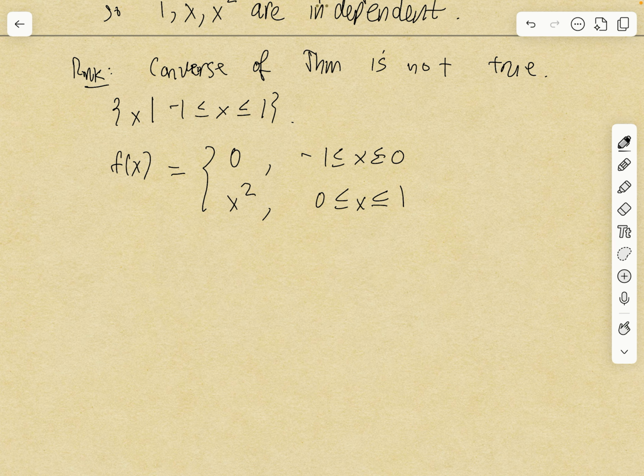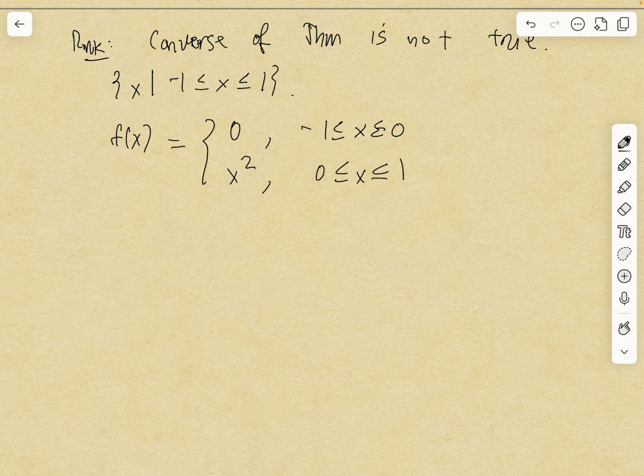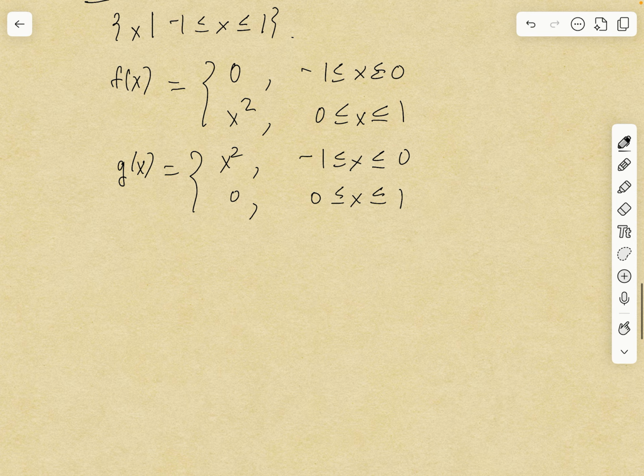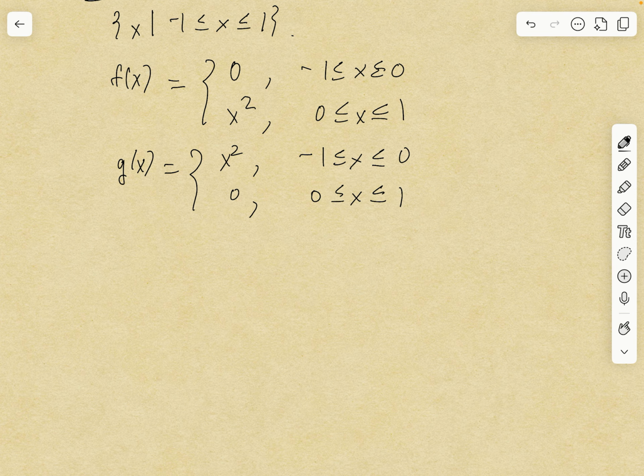This function is differentiable: to the left of 0, to the right of 0, and at 0, because the derivative of x squared is 2x, which is 0 at x equals 0. Similarly, g of x is x squared from -1 to 0, and 0 from 0 to 1. And g is differentiable in the interval for the same reason.